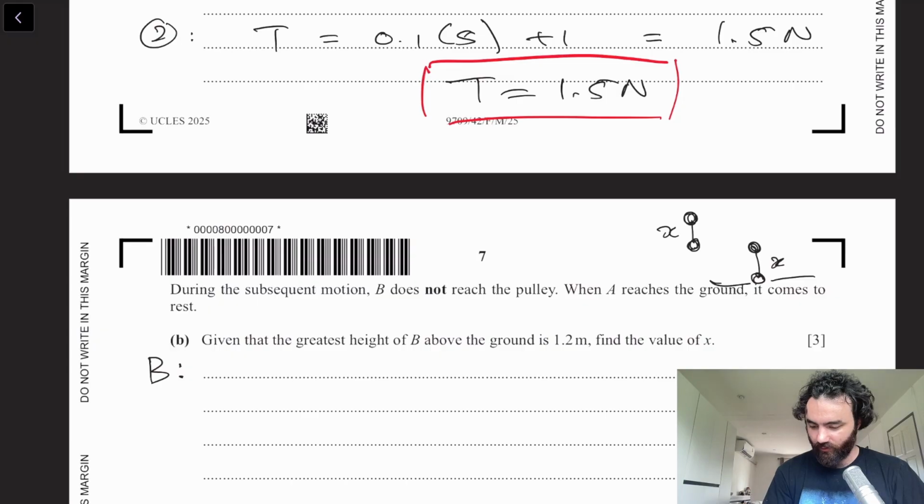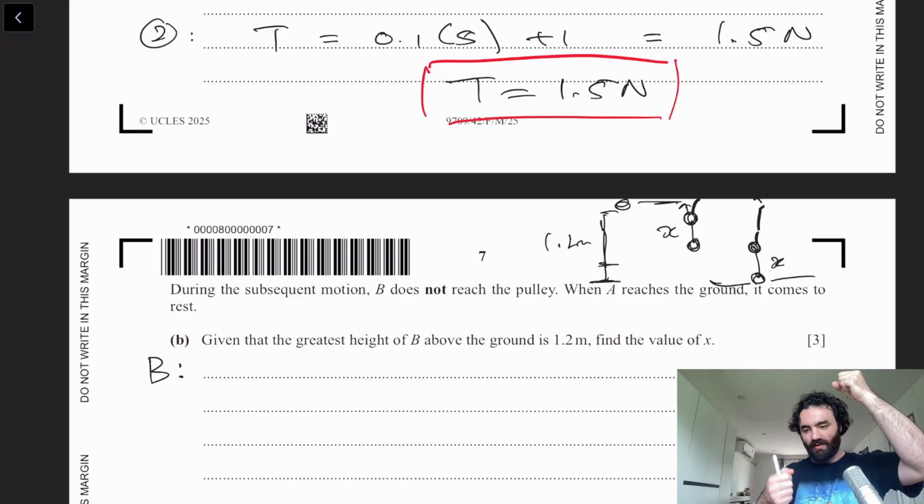Then it travels in free fall, without the effect of the string anymore, to its highest point, where this thing is now, 1.2 meters above the ground. So this is the pulley. Sorry for the bad drawing. So it drops down, hits the ground, and then flies up to the highest point.